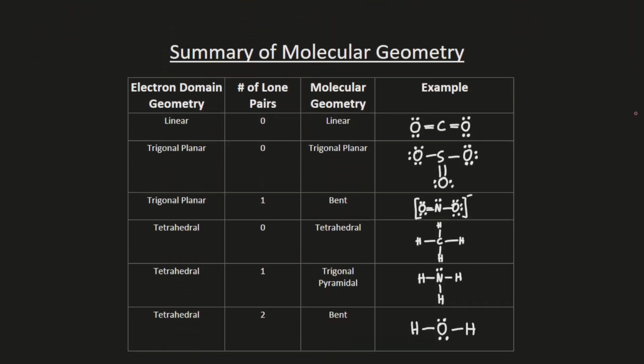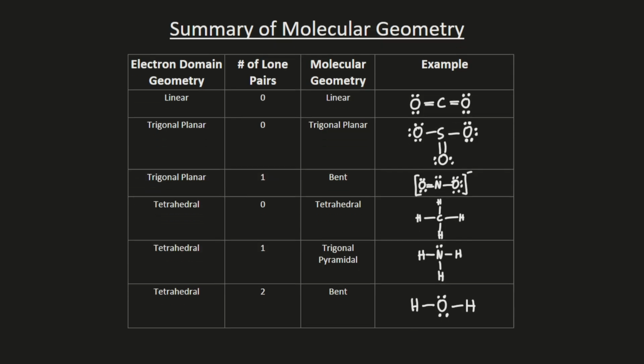Okay, that was a lot. So to summarize, if a molecule has no lone pairs, which is this case, and this case, then its molecular geometry is the same as its electron domain geometry. So if there are no lone pairs, linear electron domain geometry means linear molecular geometry. Trigonal planar electron domain geometry is trigonal planar molecular geometry.